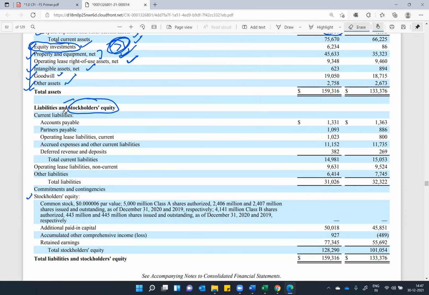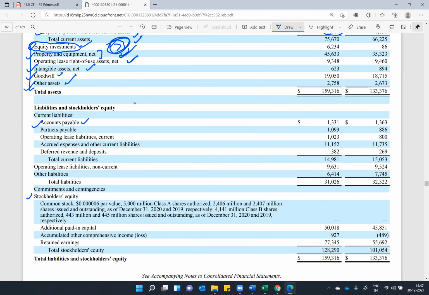Under current liabilities, we have something called accounts payable. What are accounts payable? You have taken raw material, or you have done purchasing from your supplier, and you have taken the purchase on credit. It means you have taken the products or material that you're going to sell, but you haven't paid the money to the suppliers.